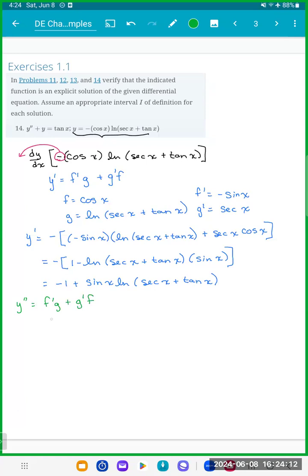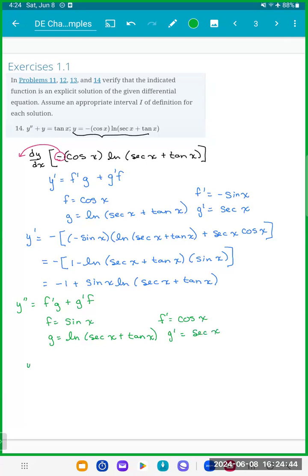And so my f function here is going to be the sine of x, and my g function is going to be that ln secant of x plus the tangent of x. So when I take the derivative of each of those, the derivative of sine of x is going to give me the cosine of x, and g prime is going to give me the secant of x.